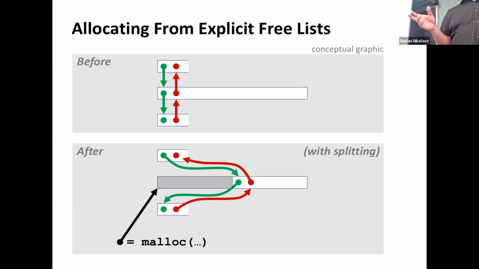That's important because this block is going to be marked as allocated, and the remaining piece you're going to insert back into the free list. Whether you insert to the same location or a new location may matter depending on the policy, but fundamentally from the correctness standpoint, it doesn't matter.